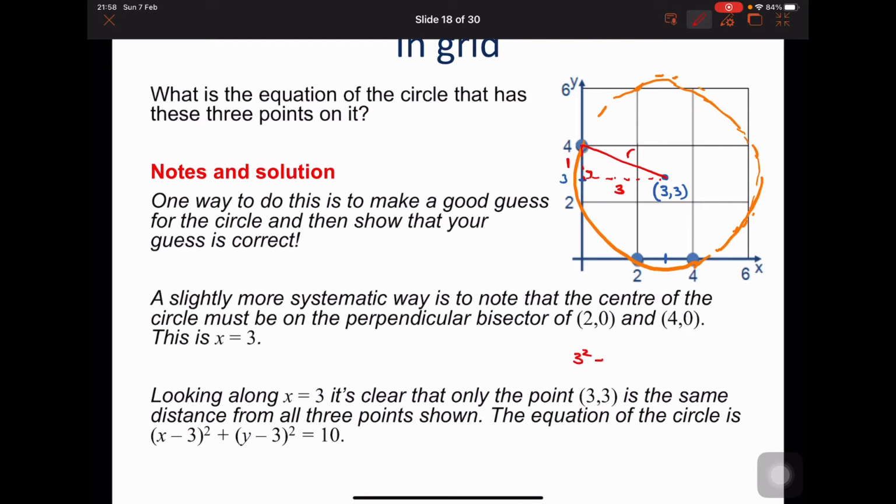So 3 squared plus 1 squared equals radius squared. So 10 equals radius squared. So our center is 3, 3. Our radius squared is 10. And so the equation of the circle has to be this.